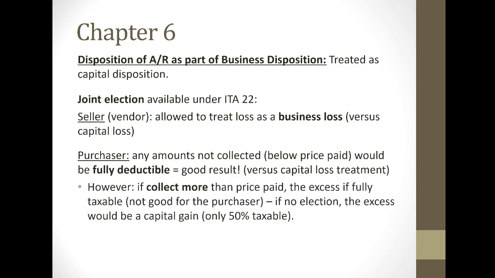However, from the purchaser's perspective, if they end up collecting more than what they paid, they would have to include that full amount as income if they agree to this joint election. So once again, keep in mind that both parties need to agree to this joint election, and if they do, then it's treated as a business transaction rather than a capital transaction.